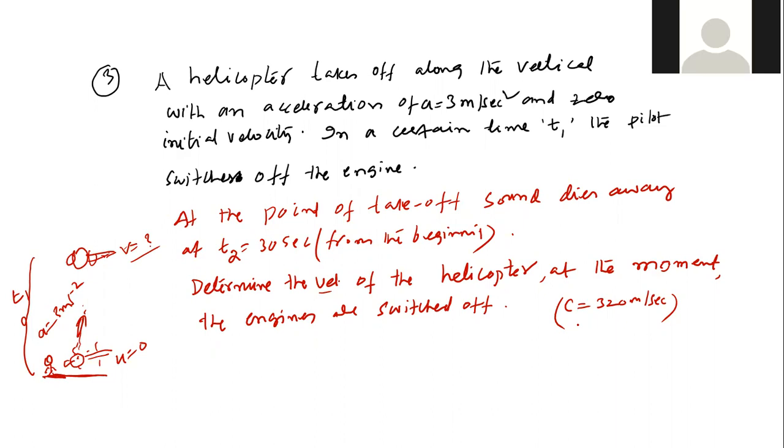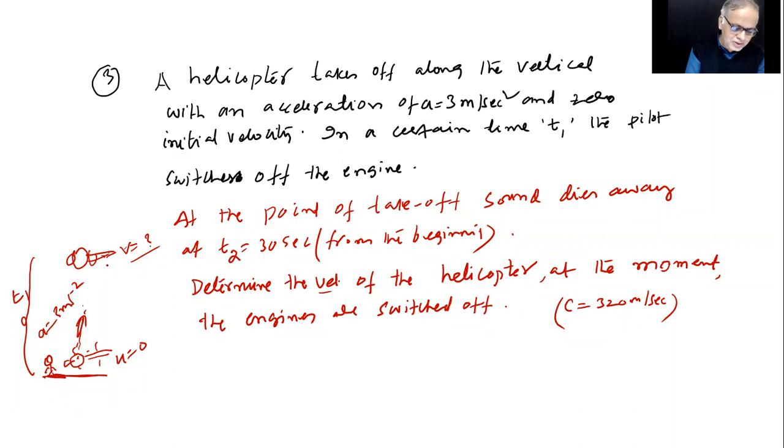At the point of takeoff, sound dies away after T2 equals 30 seconds from the beginning. Why is the sound dying off? Because engines are turned off. But remember, the moment engines are off, the sound doesn't die away here, right? Because sound takes some time to come to you. That's the trick of the question.